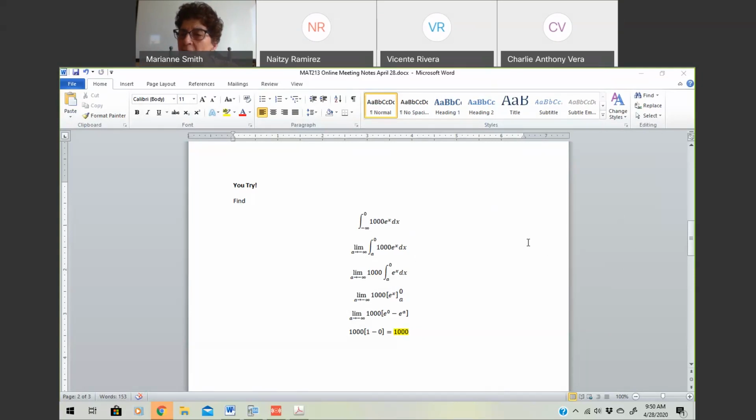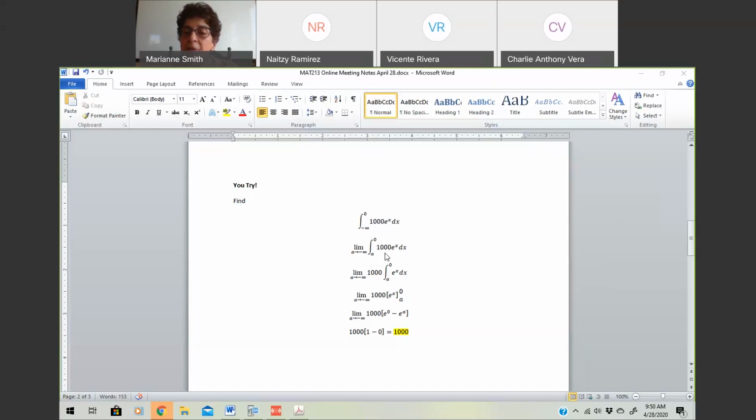I realize you might all still be working on this one, but let's come together so I can explain the steps here. You can see the original integral has an infinite lower bound, negative infinity. So what I'm going to do is replace that lower bound with an a and then let a approach negative infinity. Here's how I'm rewriting the integral with a limit.